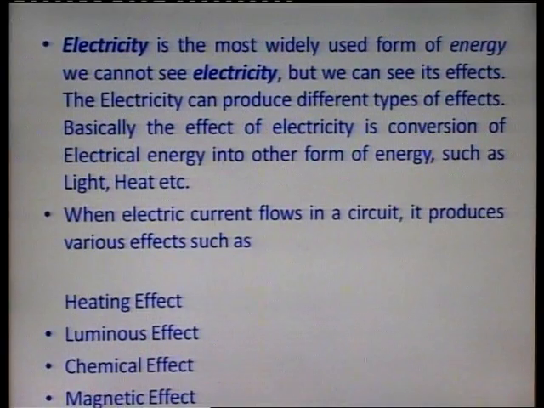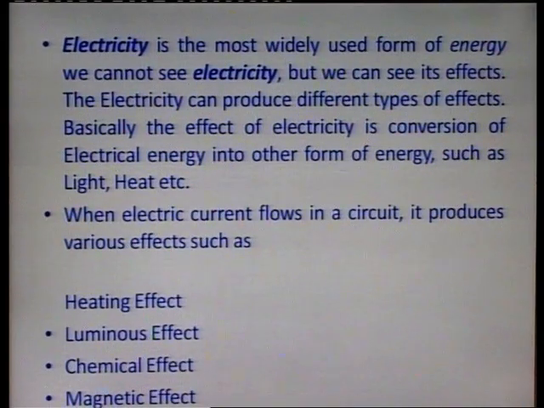Basically, the effect of electricity is to convert electrical energy into other forms of energy, like light that you see in electric bulbs and electric tubes, heat that you are able to feel with the electric heater, electric iron, electric toaster, electric ovens and so on.